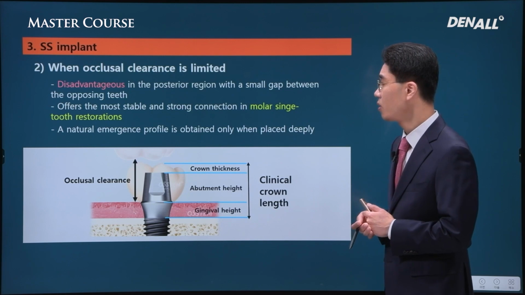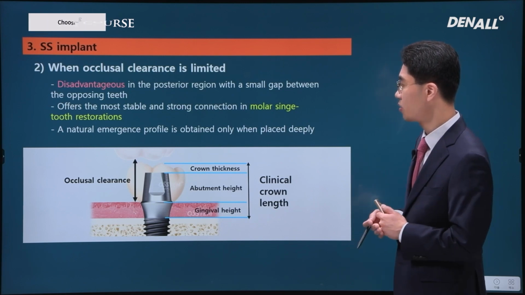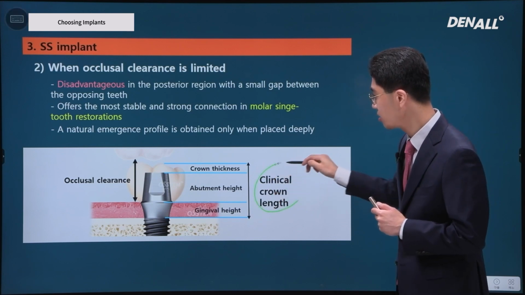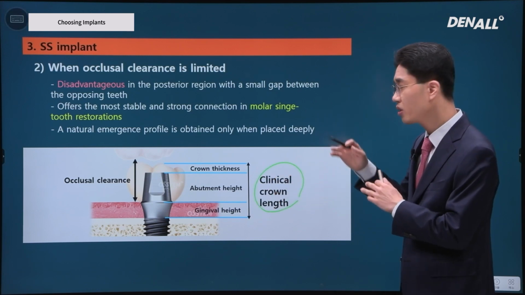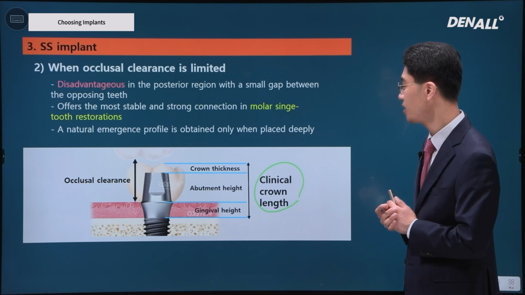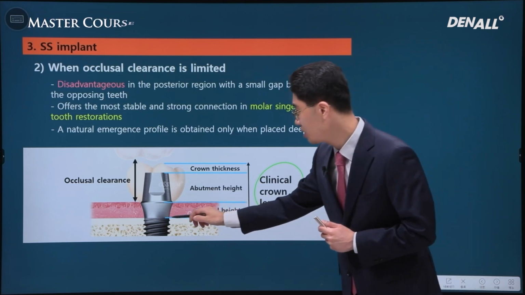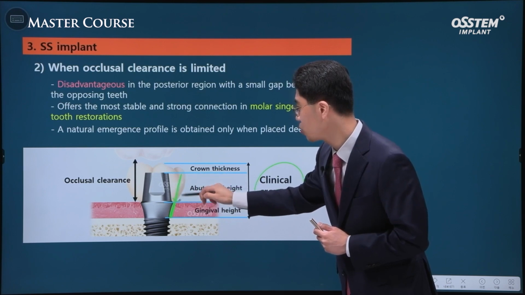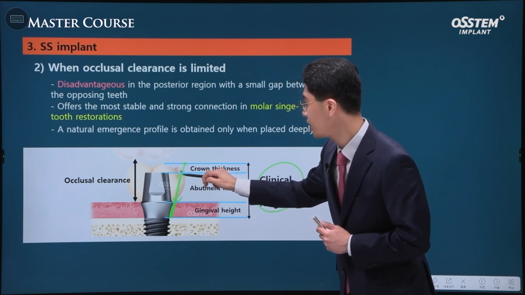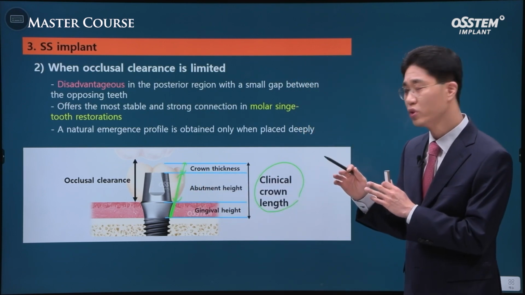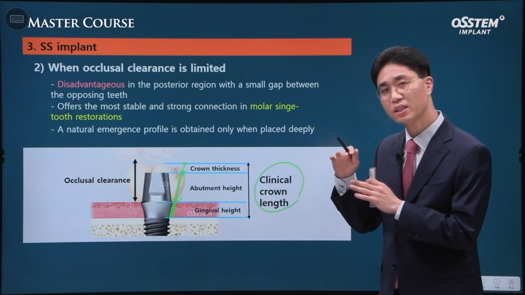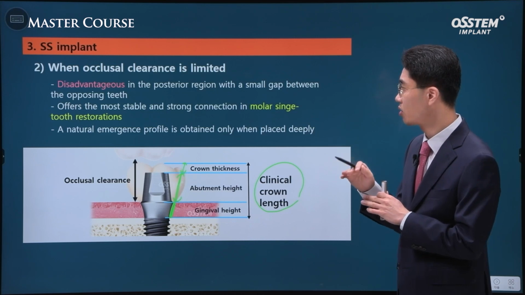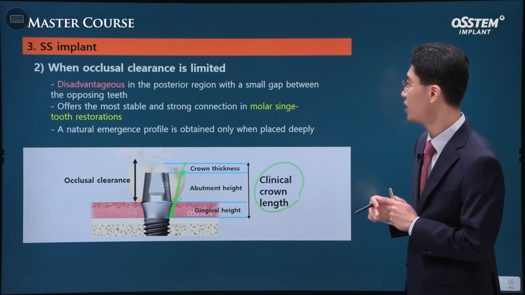Just like TS implant, the SS implant also requires considerations of space for prosthesis. You need to consider the height of gingival part, minimal height of abutment and thickness of the crown. You need to think of how deep the implant should be placed, considering these factors.